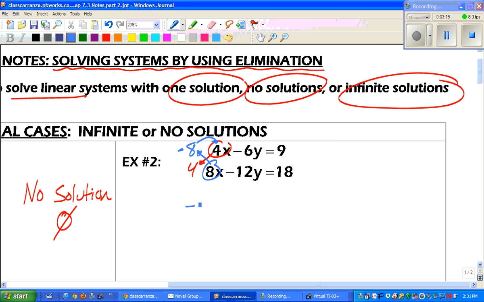And now we're going to distribute again. So we get negative 32x. A negative times a negative gives us a positive, oh, not 24. Sorry, 8 times 6 is 48. And negative 8 times 9 is negative 72.